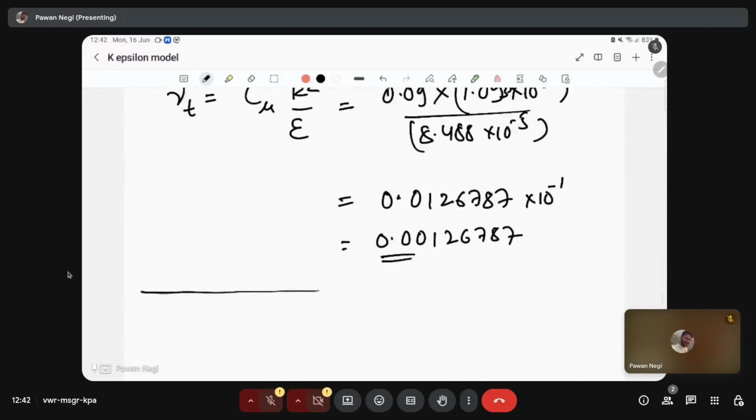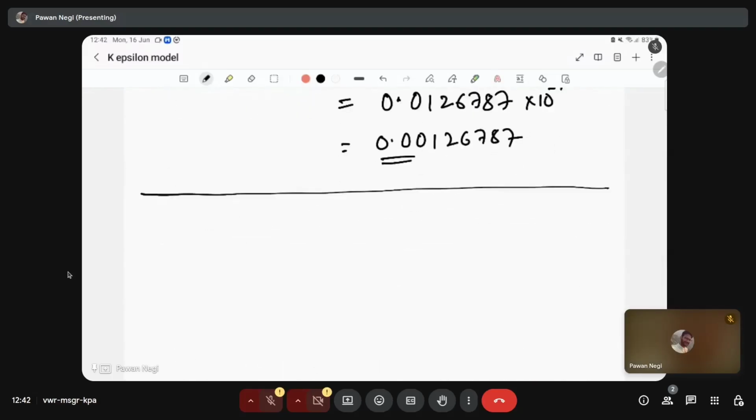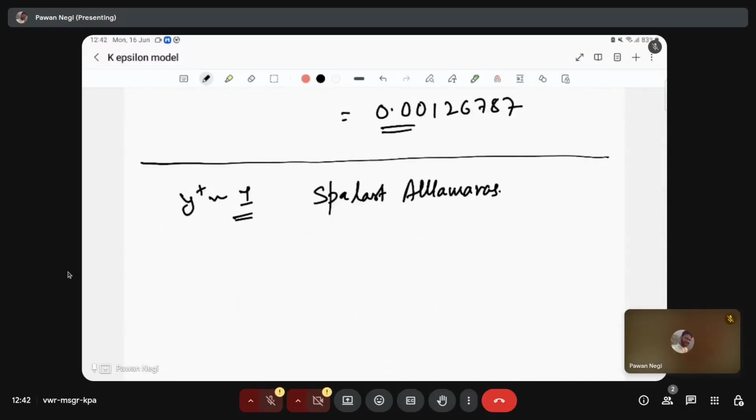Now let's talk about the y plus value. The y plus is close to 1 for the Spalart-Allmaras model. But can we use this same y plus for the k-epsilon model? Notice that epsilon is approximately equal to 0 at the wall.